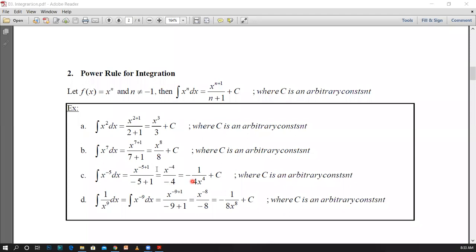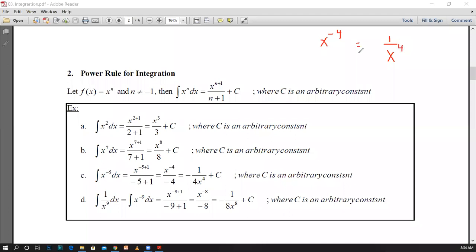Now you can make some modifications to this answer. We can convert these negative powers to positive powers. What you can do is consider the reciprocal of this power. Therefore you can say that x to the power minus 4 is equal to 1 divided by x to the power 4.